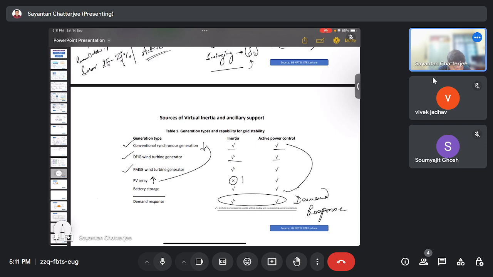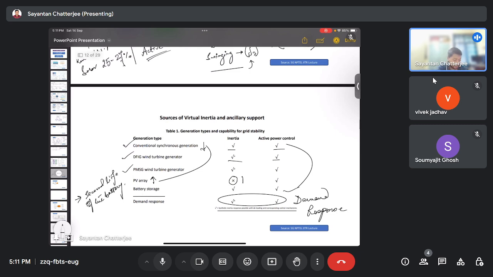In the battery section we will have to think of the second life of the battery.